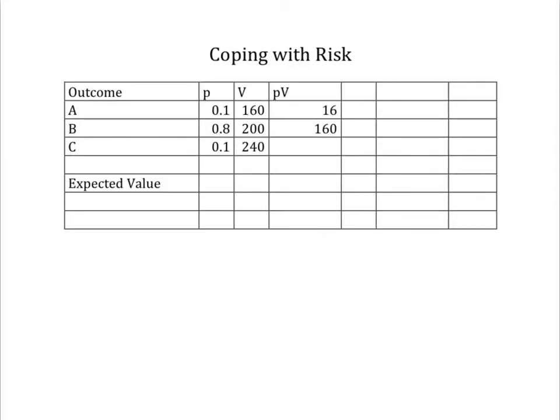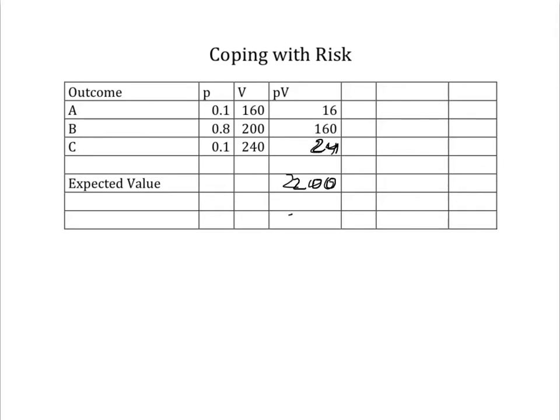If outcome B has an 80% chance and outcomes A and C 10% each, then I can multiply P times V and sum to get the expected value, here 200,000.